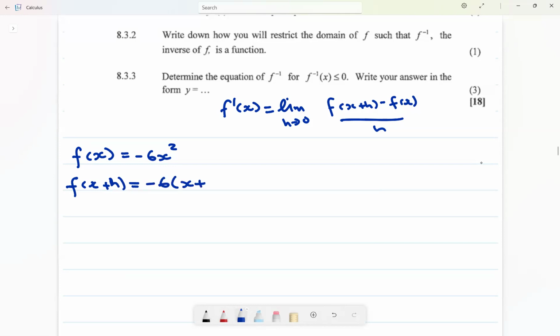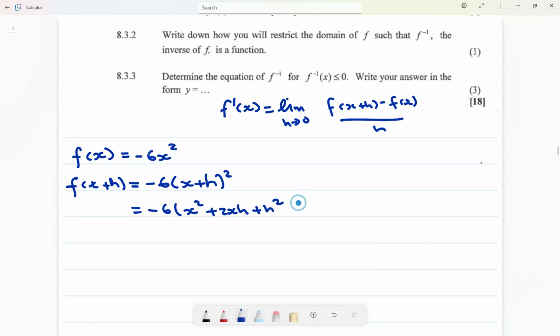Where you see x, just put a bracket and substitute it with x plus h, right? x plus h all squared. And when I simplify that, it turns out to be negative 6 into x squared plus 2xh plus h squared.